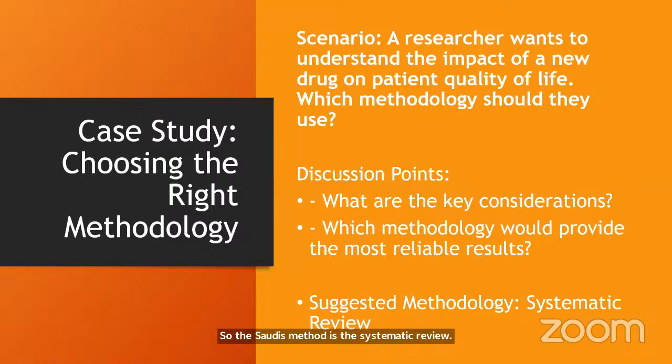If there is a new drug, it has gone through a lot of clinical trials. After lots of clinical trials, only then is that drug marketed, and it comes into the market. So we are not in a hurry to assess, we don't need a rapid result because it has already cleared lots of trials. So here the most reliable method is the systematic review.